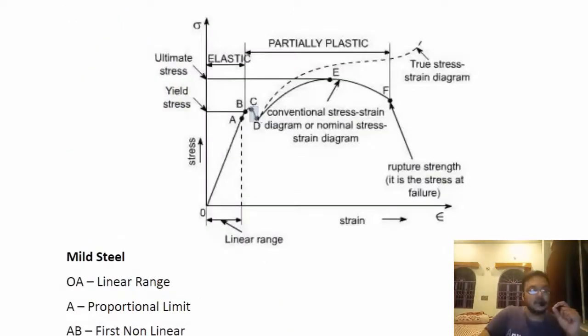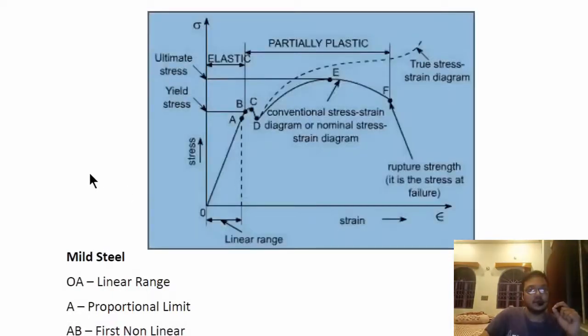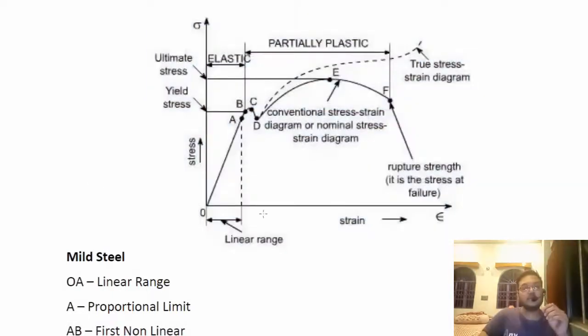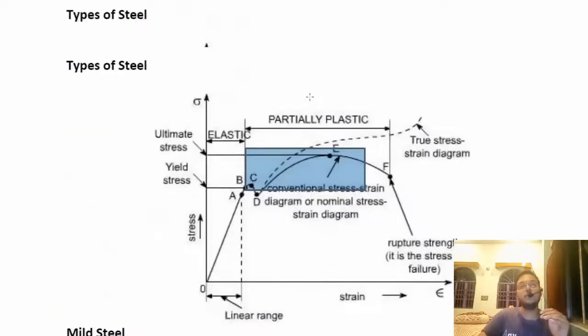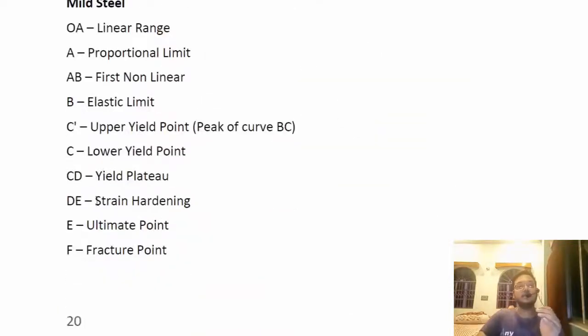And DE is the strain hardening. After this amount of strain in the steel member, it will again harden, or you can say it will be able to take more stress than the yield stress, and this part is called strain hardening.